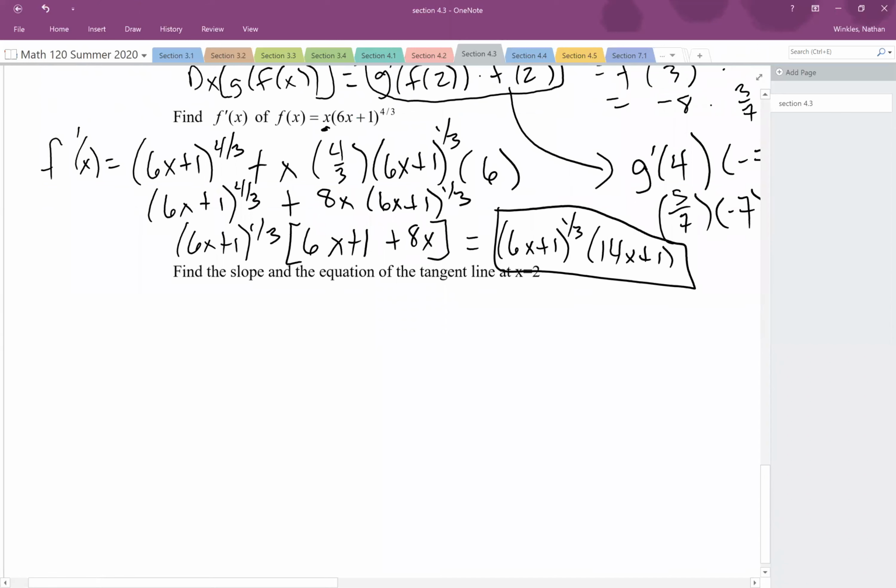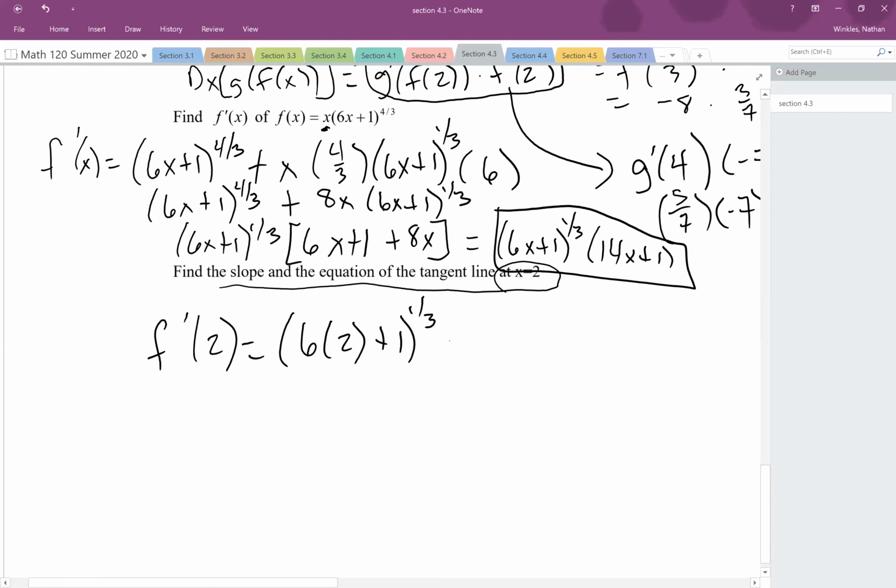So we were then told for that same problem, find the slope of the tangent line at x equals 2. So f prime at 2 is (6 times 2 plus 1) to the 1/3 times (14 times 2 plus 1). So we would have 13 to the 1/3 times 29.